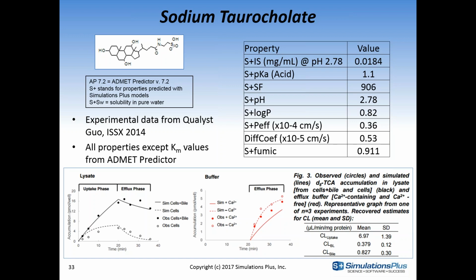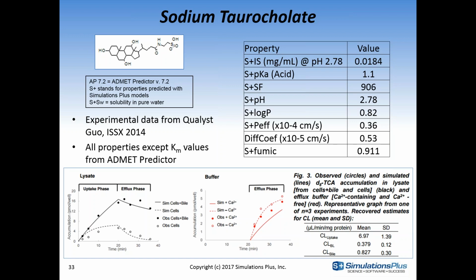During the uptake phase of the experiment for the first 20 minutes, drug is fed to the basolateral dose compartment at a concentration of 1 micromolar. It's taken up into the cells and it's effluxed into the bile. Then at 20 minutes, the donor phase is removed and fresh buffer is added with no drug. Then you're allowed to look at the efflux phase, with the drug being effluxed from the cells into the basolateral compartment.